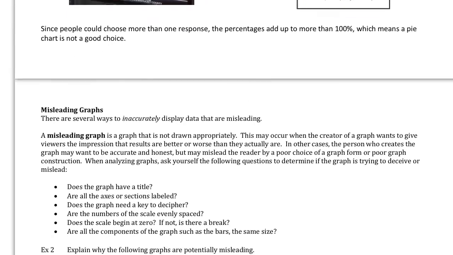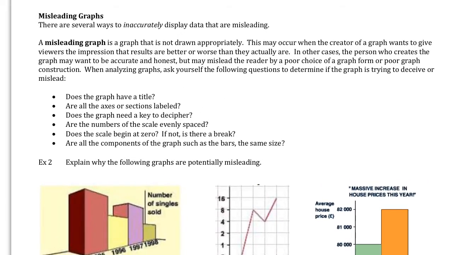And that kind of leads us into misleading graphs. So it's really important to be able to look at a graph and decide if it's an appropriate display of data, if it is misleading in any way. Sometimes graphs can be misleading in an innocent way, meaning it's just poorly designed.